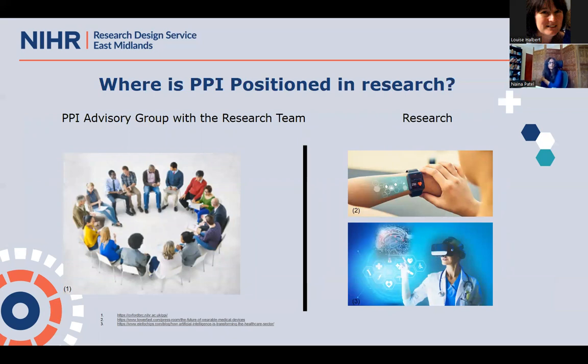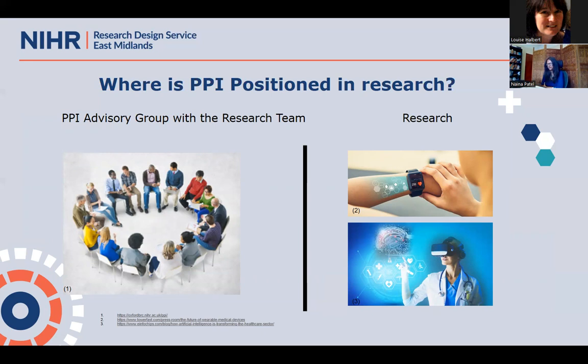So where is PPI positioned in research? I developed this slide when approaching members of the public to take part as public contributors in a research project. This is a later version. In earlier versions, it depicted different types of research project.